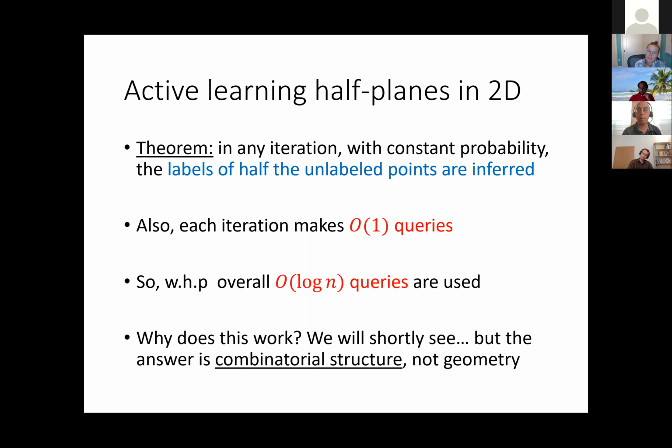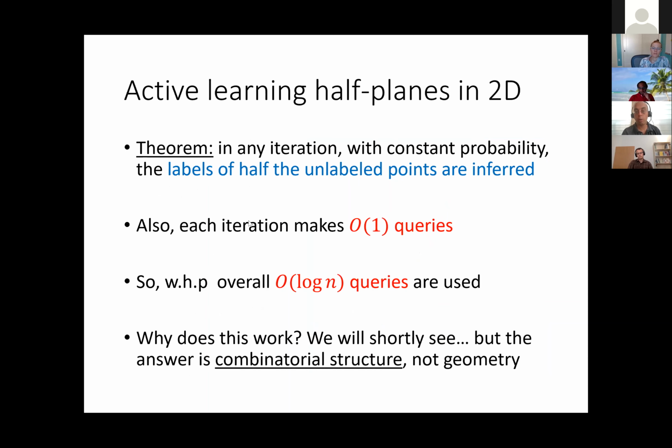I'm going to claim to you, and we're going to see the reason in a few minutes, that this is guaranteed to work. In any iteration, with some constant probability, you're going to label some constant fraction, let's say half, of the unlabeled points. And this is for any configuration of points. This is the worst case guarantee.